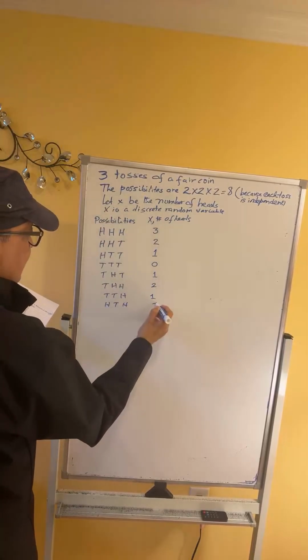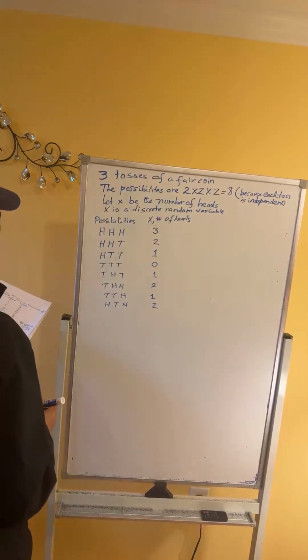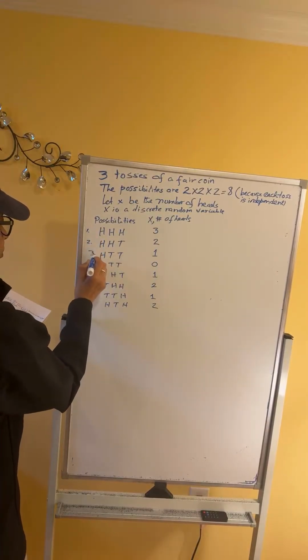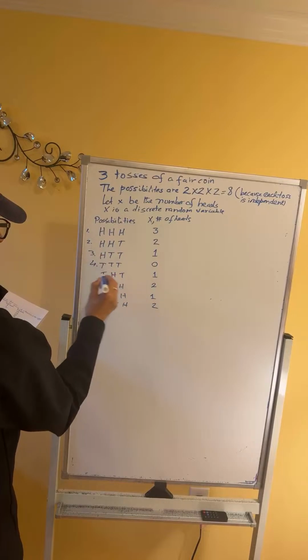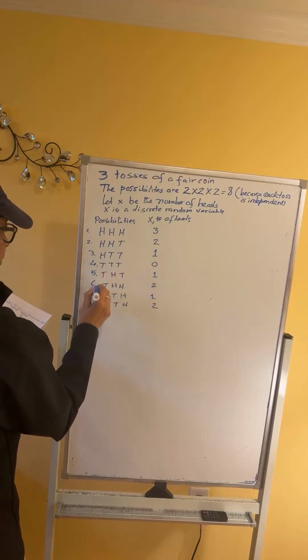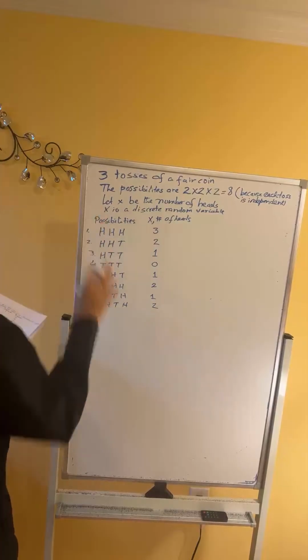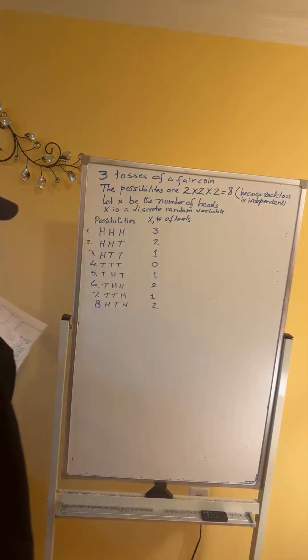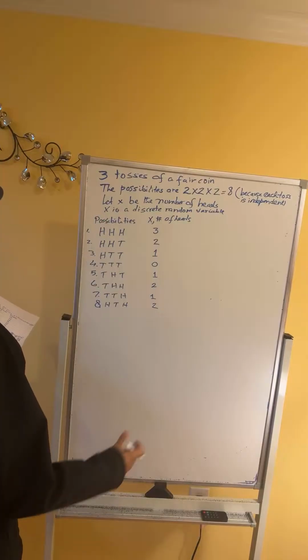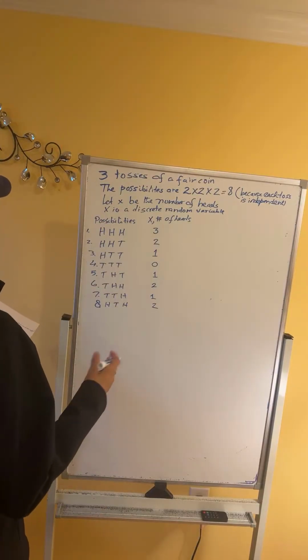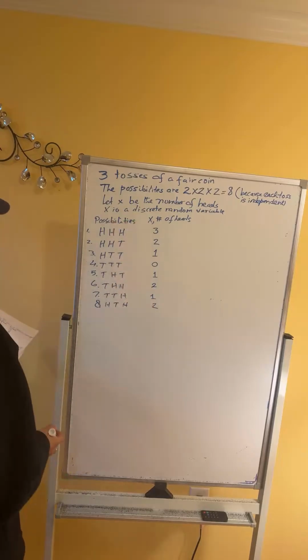In this case, number of heads is 2. So this is possibility 1, this is 2, this is 3, this is 4, this is 5, this is 6, this is 7, and this is 8. We have exhausted all the 8 possibilities, and we are looking for number of heads in each possibility.